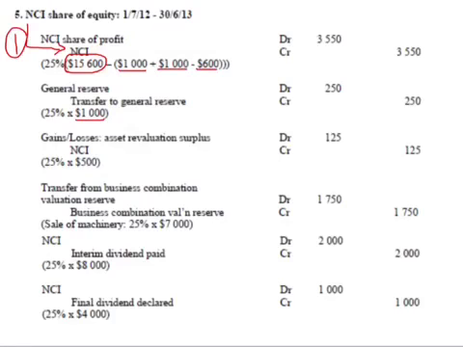So we'll debit the general reserve, so we're extracting 25% of that increase from the general reserve, and we do not reclassify it, but disclose it separately as part of our NCIs. So because there was an increase in the general reserve, we have to see an increase in the NCI for their portion. So we take it from the general reserve line item and disclose it separately as NCI.